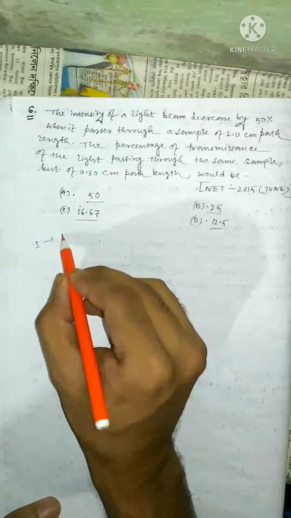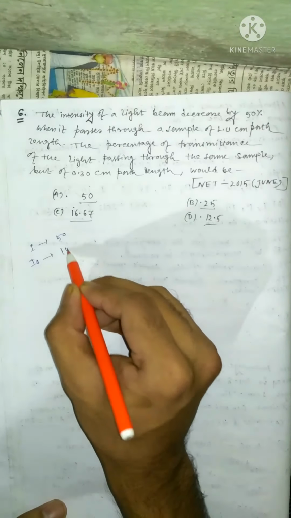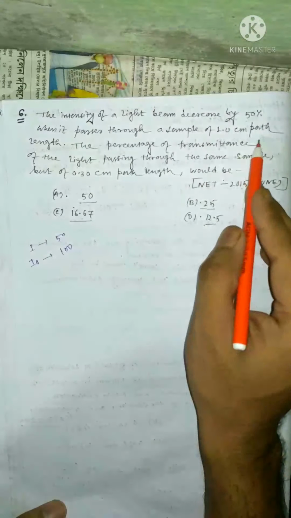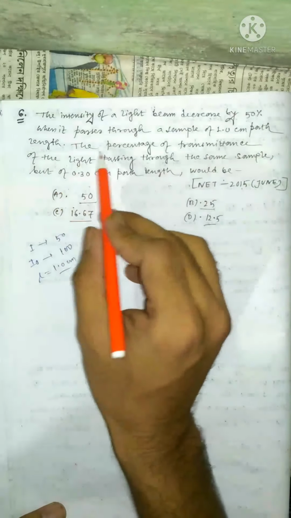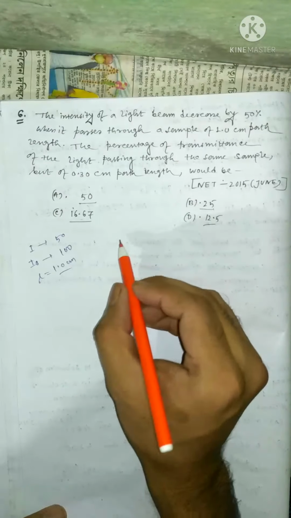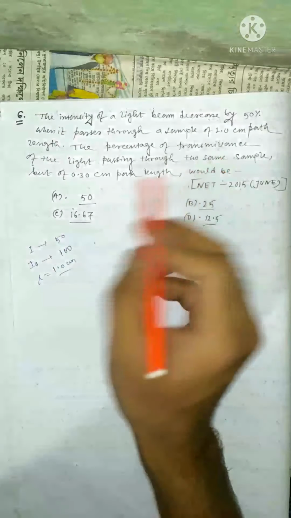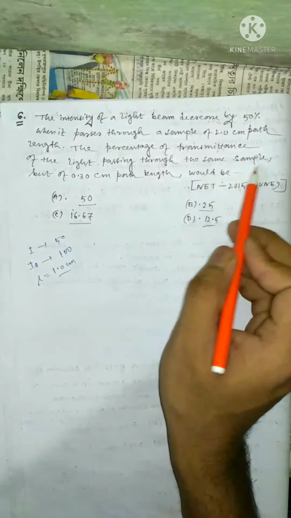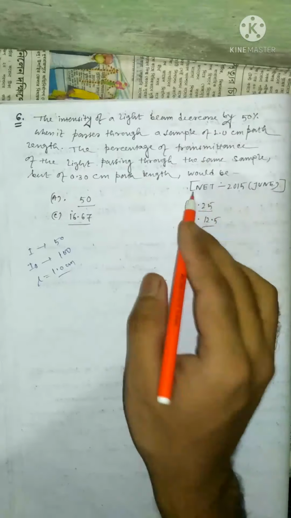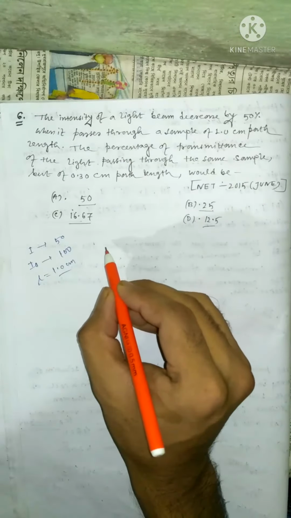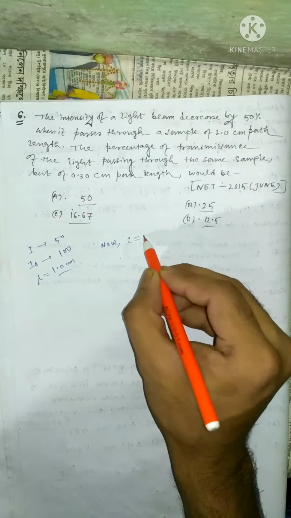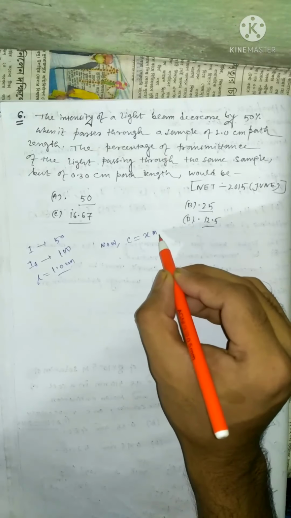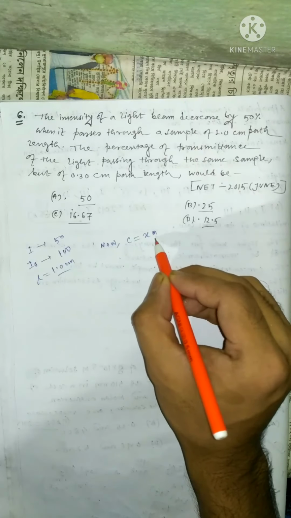Now the next problem: the intensity of a light beam decreases by 50%, means it absorbs 50%, so it transmits 50%, means I equals 50, I naught 100, passes through a sample, L equals 1 centimeter. Let us assume concentration is x molar.